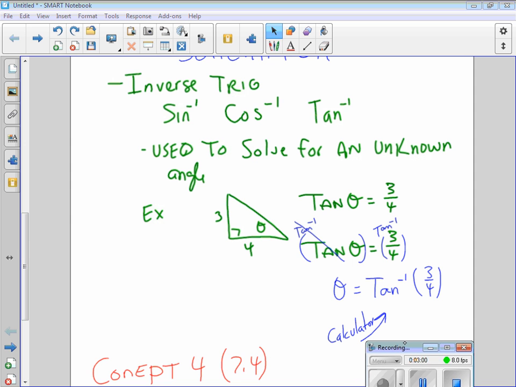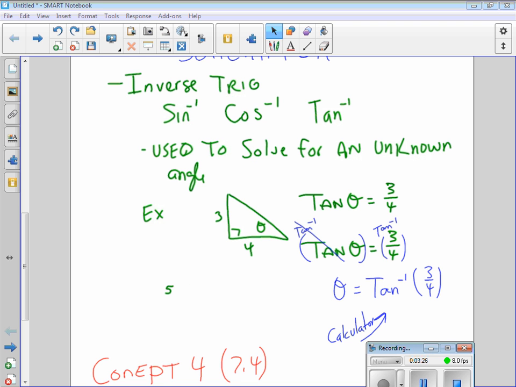If you remember, we might have done something like this, where we were trying to solve for an angle in this triangle that has a 3 and a 4. If I had given you the third side, I could use any one of my trig functions to solve for that unknown angle, because I have all three sides. I could use tangent, sine, cosine, it doesn't matter. In this case, I didn't know what that 5 was.